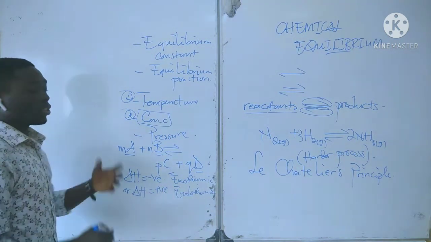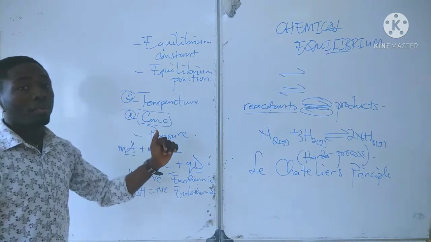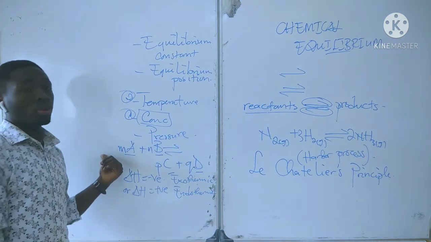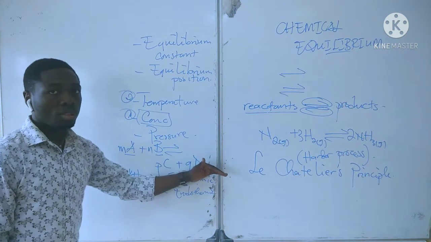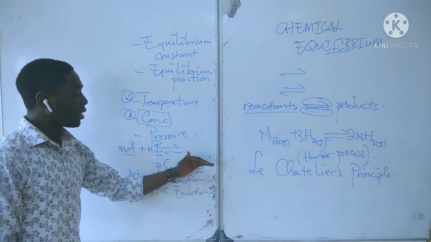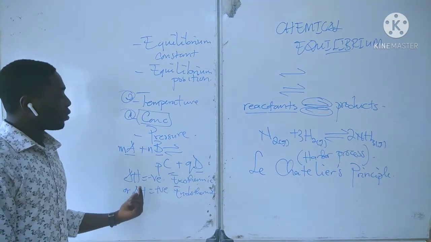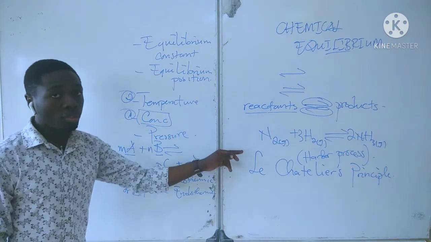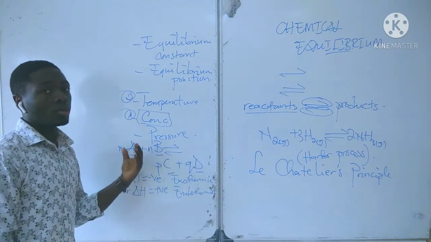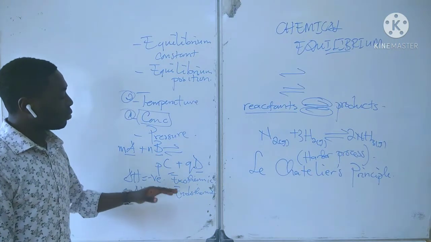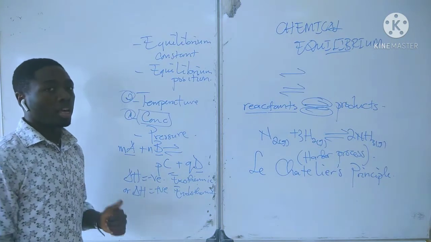For an exothermic reaction, increasing the temperature favors the backward reaction, and decreasing the temperature favors the forward reaction. Now, for an endothermic reaction, the reverse occurs. When you increase the temperature, the forward reaction is favored, and when you decrease the temperature, the backward reaction is favored. So you see, temperature affects the reaction based on whether it is exothermic or endothermic.